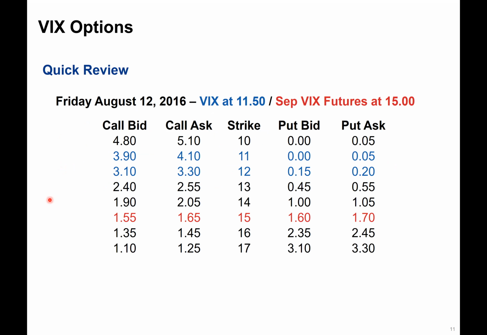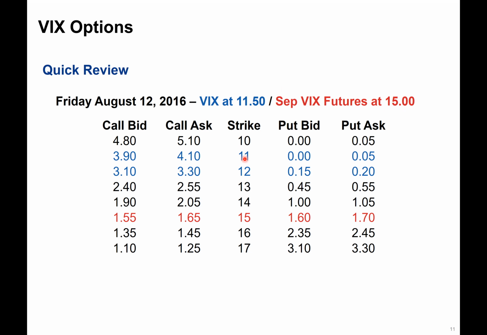So this is another example. I know I've got old examples in here, but these are just great. On Friday, August 12th, VIX was at 11.50 and the September VIX futures were at $15. Now, with spot VIX at 11.50, and I'm using my color coding here, the 11 and 12 strike options would be very close to at the money option contracts.